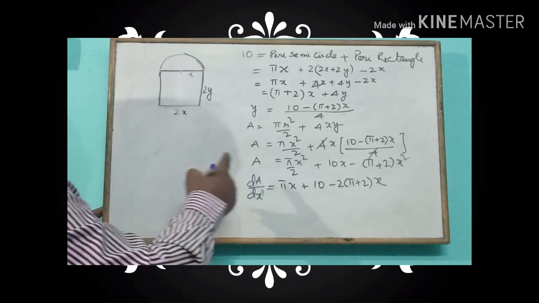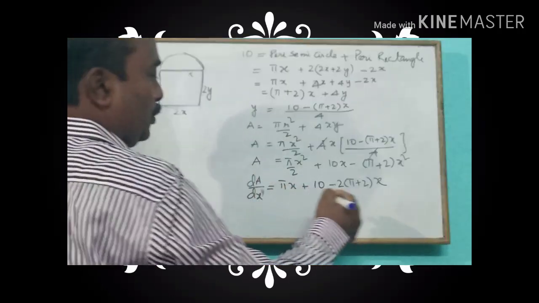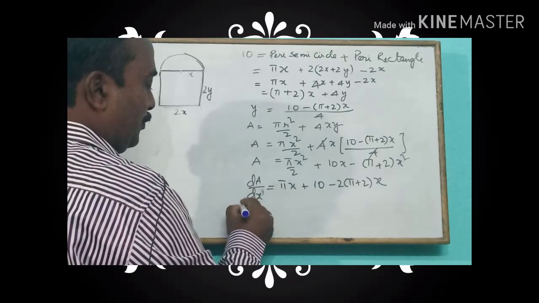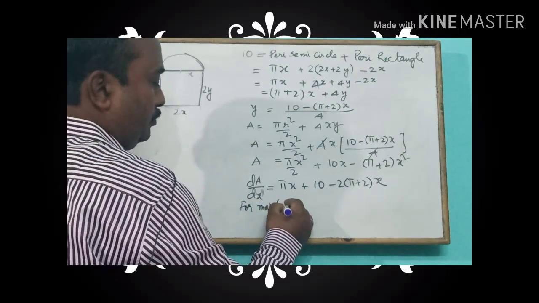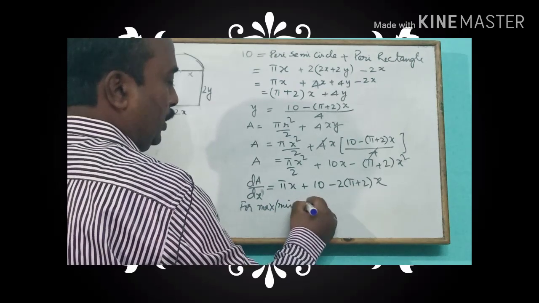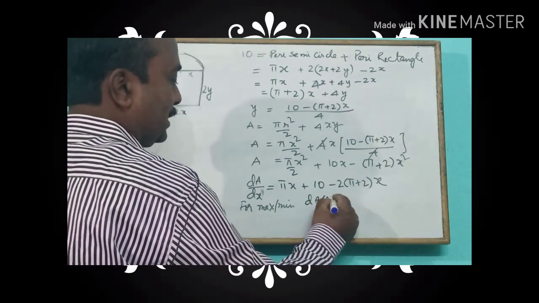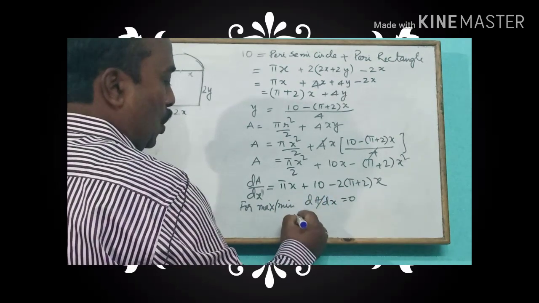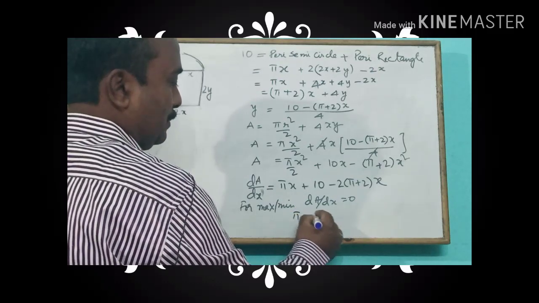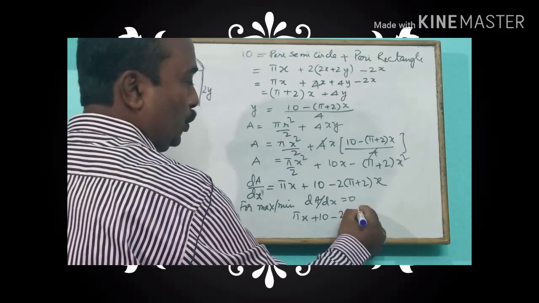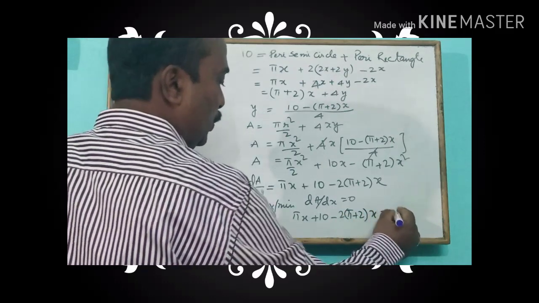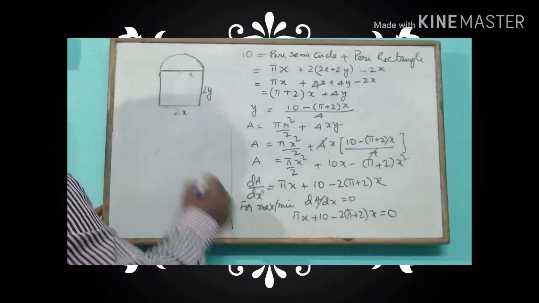For maximum or minimum light to pass through, dA by dx is 0, or pi x plus 10 minus 2(pi plus 2)x is 0.